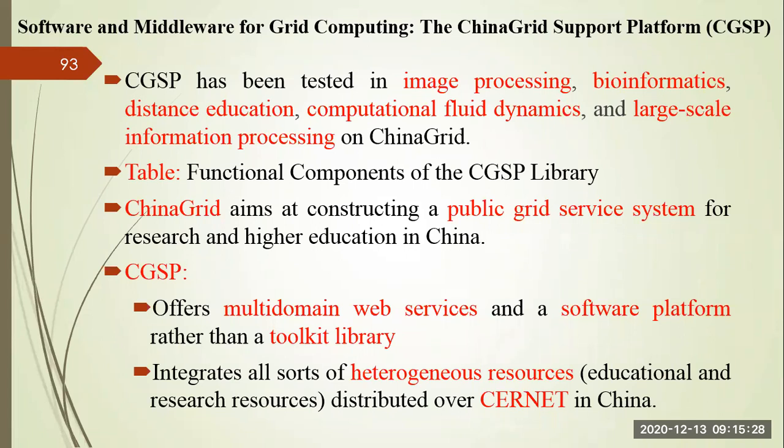They are sharing their resources so that any kind of scientific and engineering applications can be run in China Grid, right? And if you see here, the package offers the first step towards multi-domain web services. CGSP supports multi-domain web services, and CGSP also offers a software platform rather than a toolkit library.